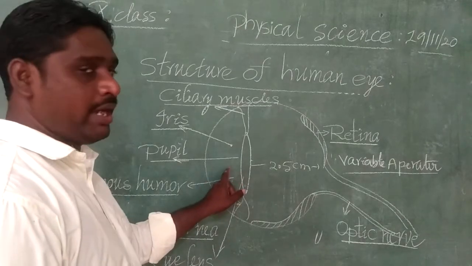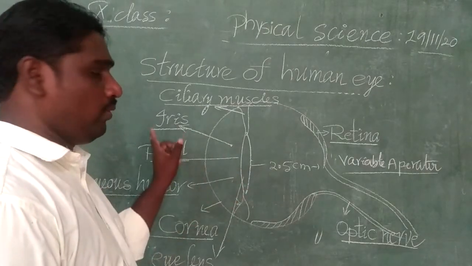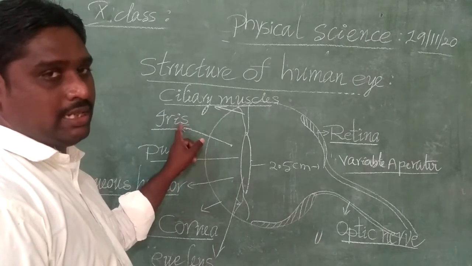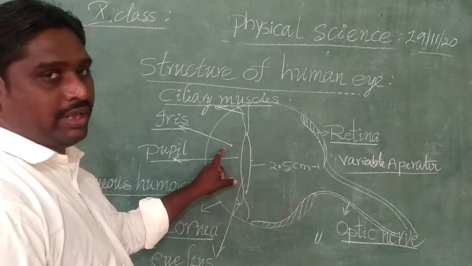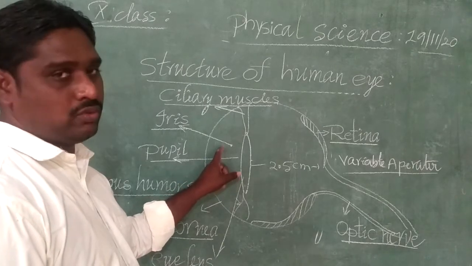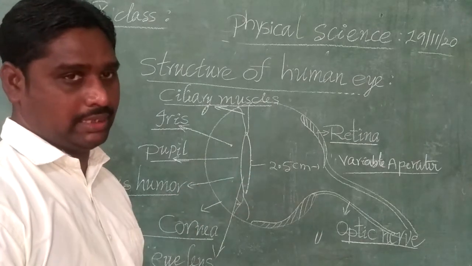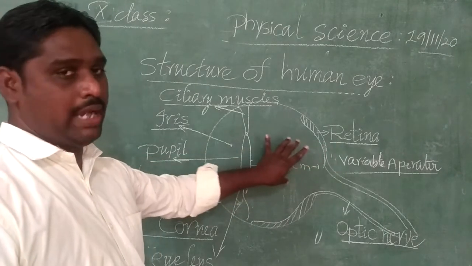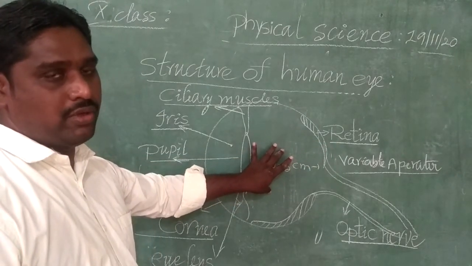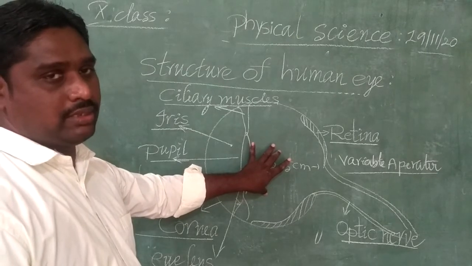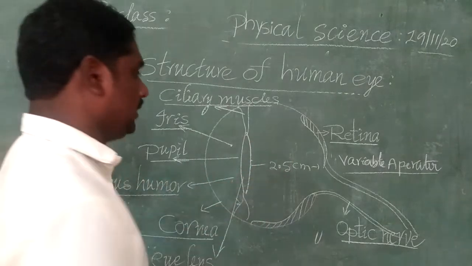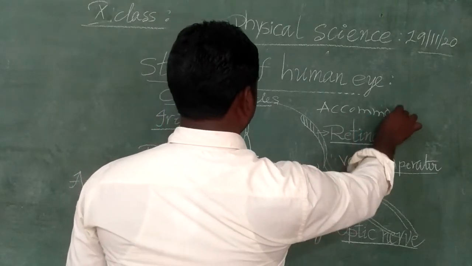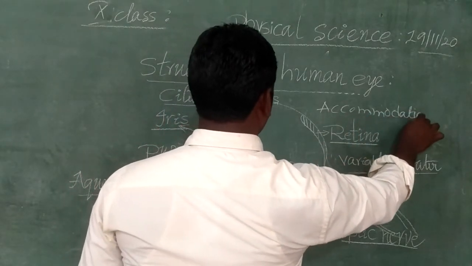When the eye is focused on a closer object, the ciliary muscles are strained, decreasing the focal length of the lens to about 2.27 centimeters. The ability to change the focal length of the lens is called accommodation.